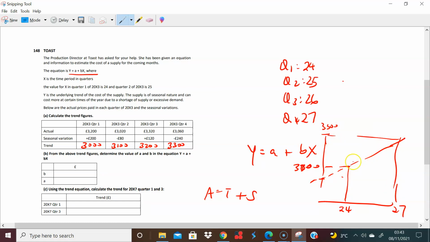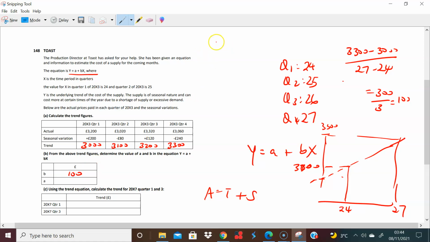So we can find B first of all. We have 3,300 minus 3,000 divided by 27 minus 24, and that takes us to 300 over 3. That's equal to 100. We sort of know that anyway. So B is equal to 100. The question is, what is A? I just need to plug that into any of them.